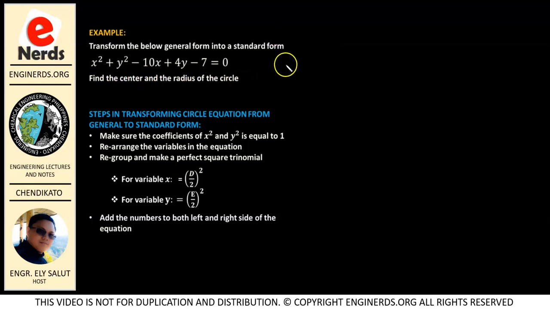So, para hindi tayo mahirapan, I will write again yung ating standard form ng circle. So, we have x minus h squared plus y minus k squared is equal to radius squared. No? So, kailangan from here, ma-convert natin siya into this form.